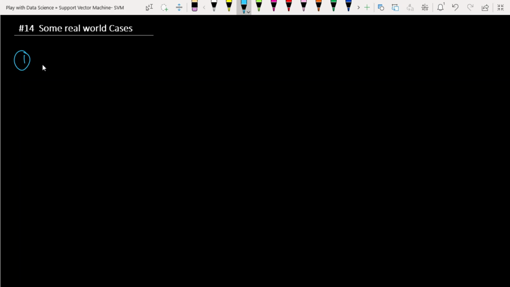We see how feature engineering and feature transformations are important for SVM as well as for logistic regression.